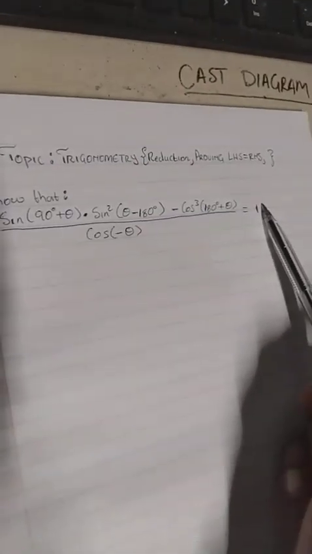Let me wipe the camera, it isn't as clear as I want. Already they tell us that this is equal to 1, so we have to show how this is going to be equal to 1.